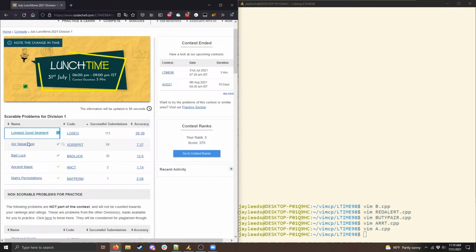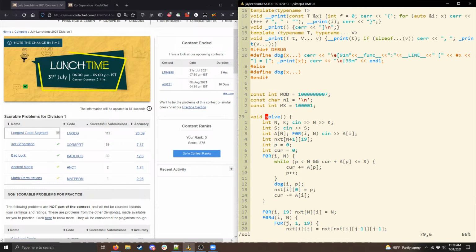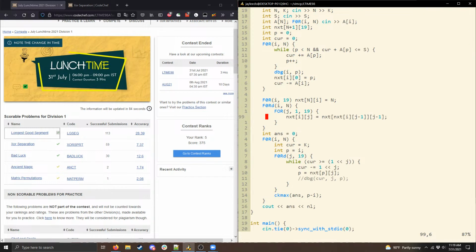Okay, cool. Let's look at XOR separation. Someone says, I wrote binary lifting for checking and then binary searching on the answer. Can you go over how you avoided this? Yeah, so I think once you write the binary lifting, you can finish the problem fairly directly from there.